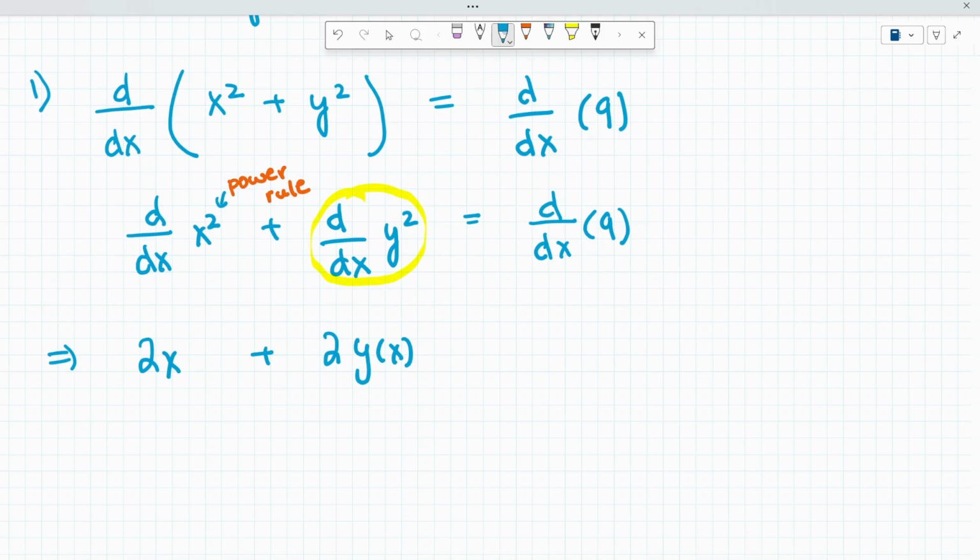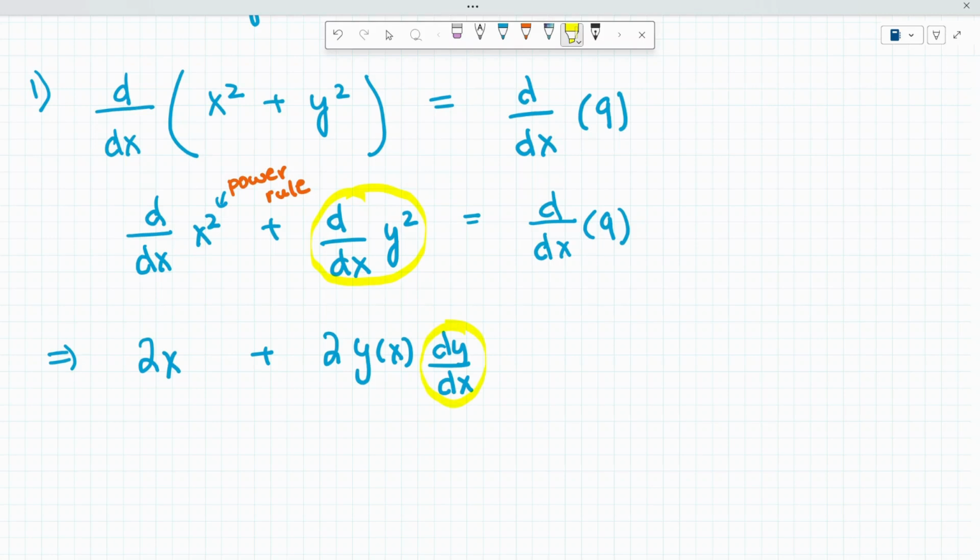Since we have y, which is a function of x, we then have to apply the chain rule. This is what we mentioned before in our steps: we have to multiply this by dy over dx. Remember, that was very important at the beginning. But that's all. You just apply the power rule like normal, and the only thing that's different is you multiply by your term dy over dx.